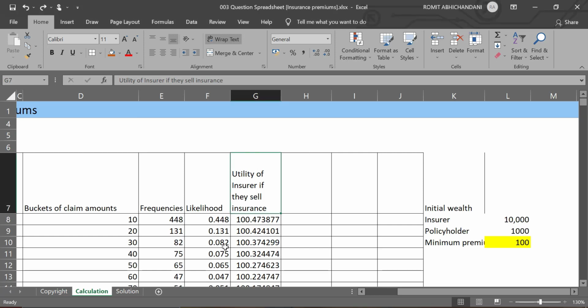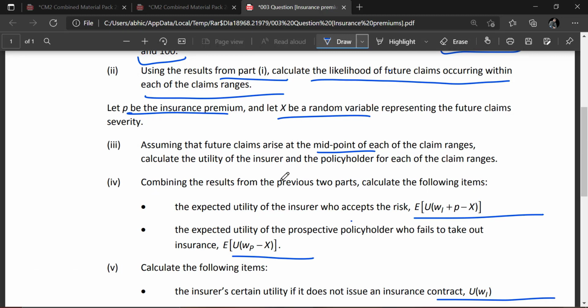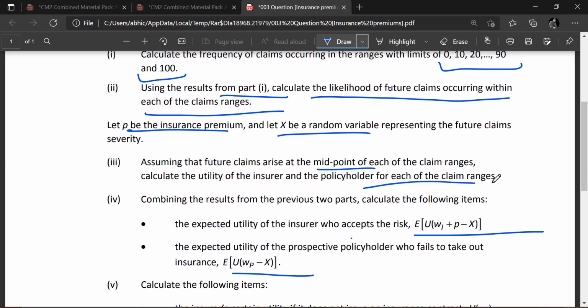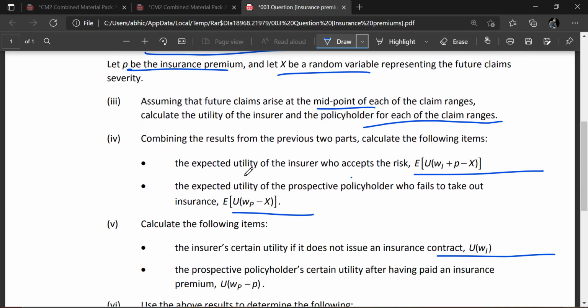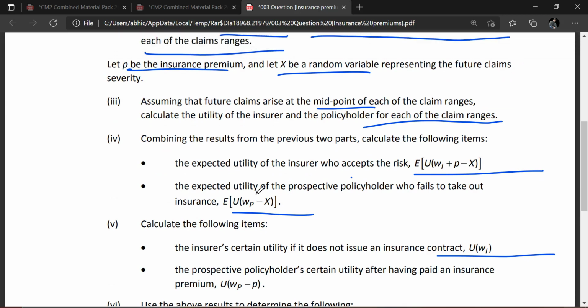So we have found the insurer's utility if they sell insurance. We have made this assumption, please remember this. We also had to find the insured's utility, the prospective policy holder's utility, under each of the claim ranges. But you will notice that in the next part of the question they will ask us to calculate the expected utility of the insurer who accepts the risk. So for the insurer, they have assumed that the insurer has accepted the risk.